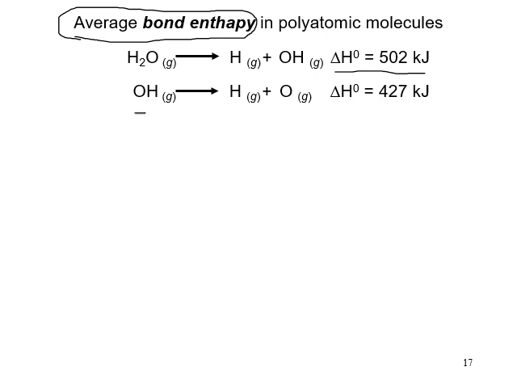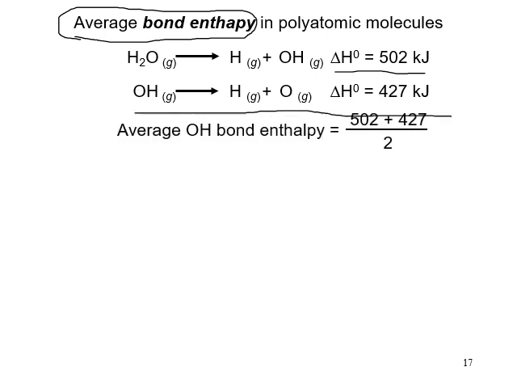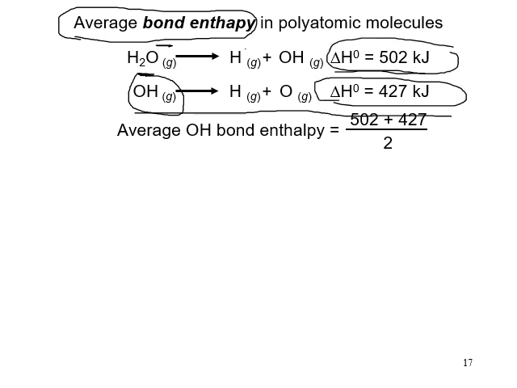Now this OH gas can be ripped apart even further. So given that, the average bond enthalpies, because this was a bond in between an OH over here, and this is a bond in between the OH over here. So if this enthalpy of reaction is 427 and this one's 502, then since the process that was occurring was an OH bond breakage in both of these small reactions, the average bond enthalpy for an OH bond is 464 kilojoules.